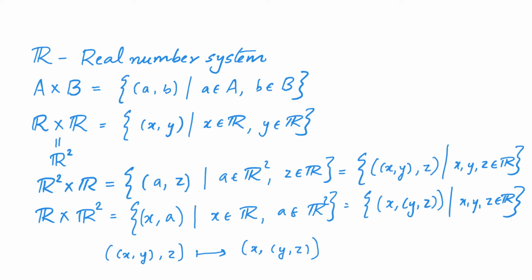It's okay if you do not fully understand this, because we will revisit similar ideas throughout the course and such things will become clearer as you go through it. But for now, keep in mind that we do not distinguish R2 cross R and R cross R2, and we will denote both by the same symbol R3.